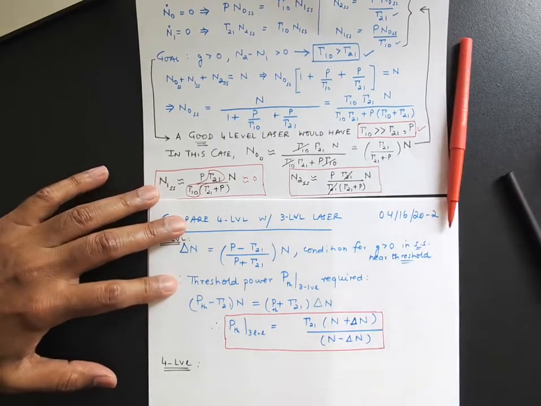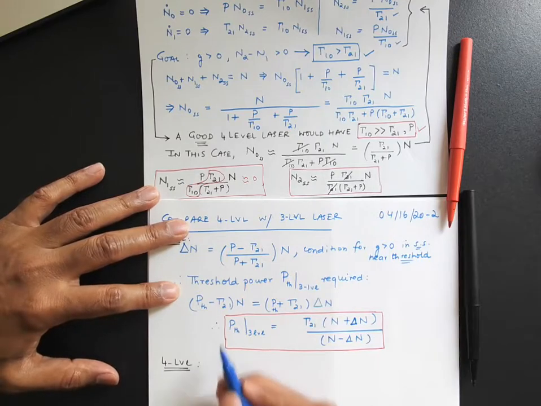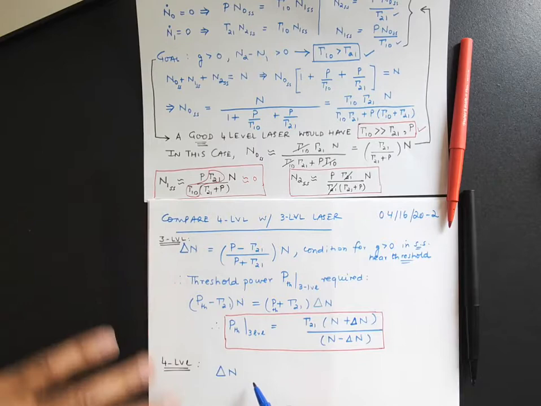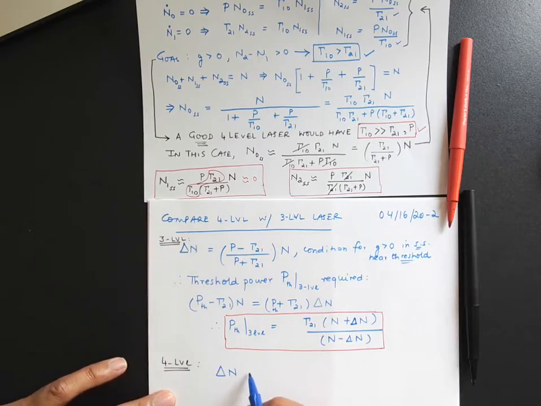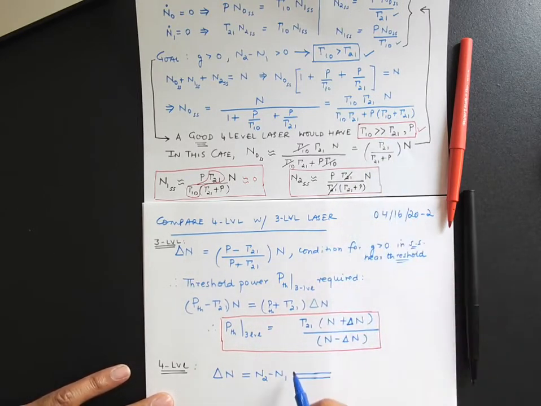For the 4-level, once again, delta n is equal to n2 minus n1. We just had the condition up there that gamma 10 is much, much larger than gamma 21 and the pump rate.